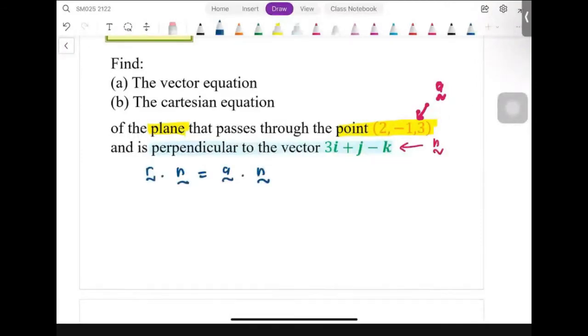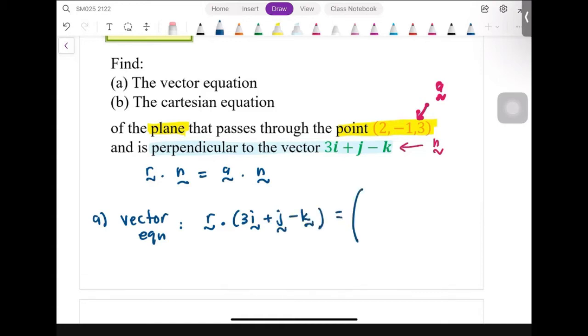Okay, so we have two different types. Kita buat satu-satu dulu. For vector equation of a plane, r would stay as it is. Kita tinggalkan r dalam sebutan r. Jangan tukar. Normal vector, you just have to copy it back. So we have 3i plus j minus k equal to a, our position vector. So 2, negative 1, 3 dot with n.